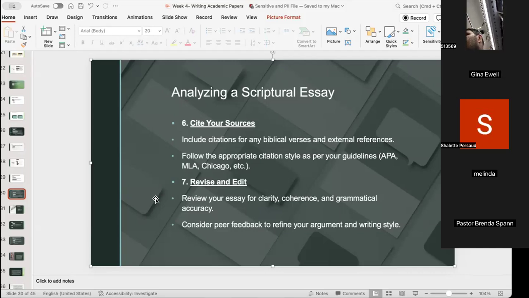Make sure that you continue, not just once, not just twice, but many times, to review your essay to make sure it's clear. I always tell my students, read it out loud. You hear what it sounds like then, and you find your mistakes. Because if you're just reading it on your computer in your head or on a piece of paper in your head, you're going to read over those mistakes. But if you read it out loud, you catch those mistakes.